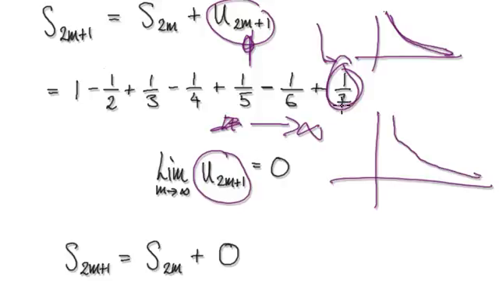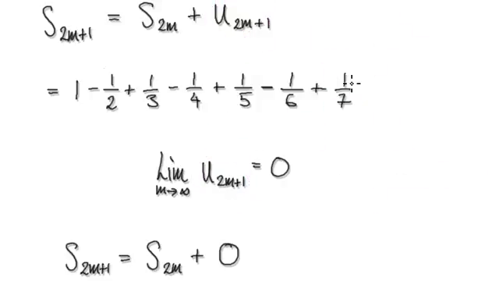But because you're taking the limit, you have to consider it as being 0. So the very last term here, you can consider as 0.